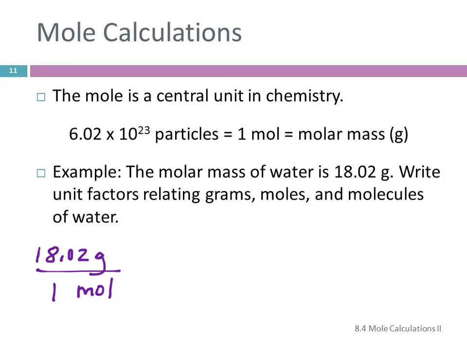Just the number and the unit have changed, but it still represents the same thing. So 18.02 grams per mole. We can also turn that upside down and put 1 mole on top and 18.02 grams on the bottom. And which one we use depends on whether we're converting from grams to moles or moles to grams.